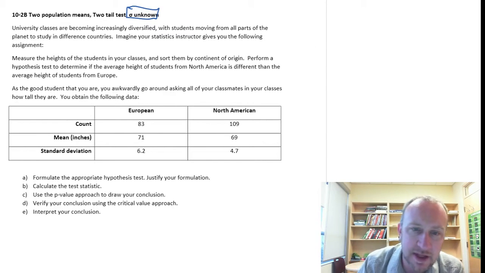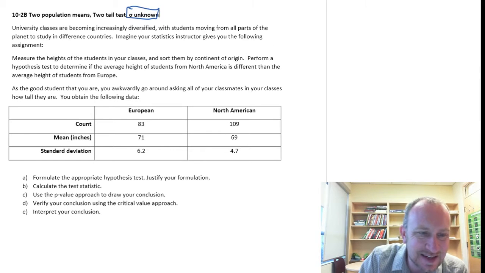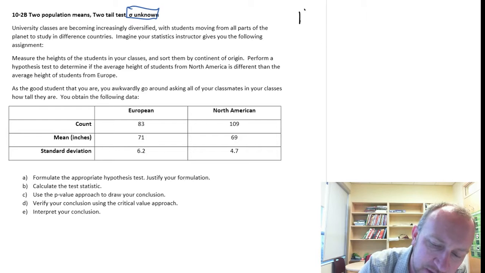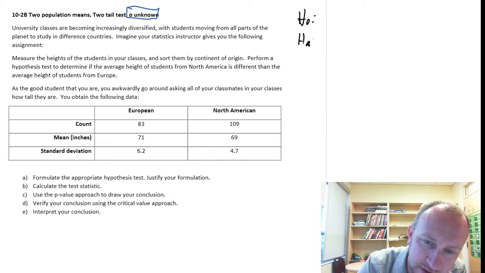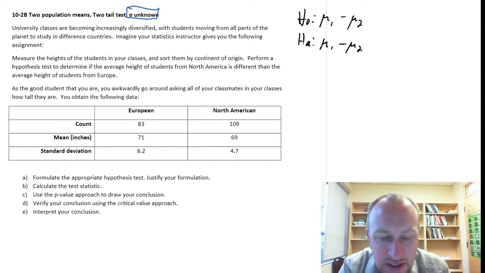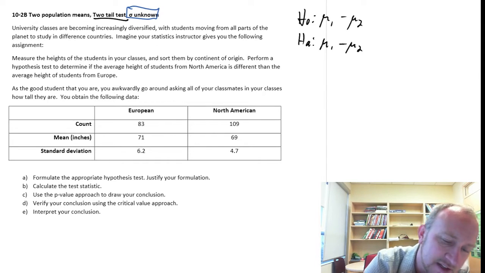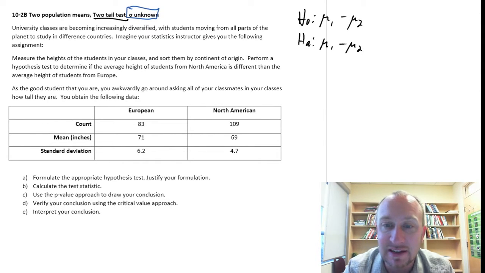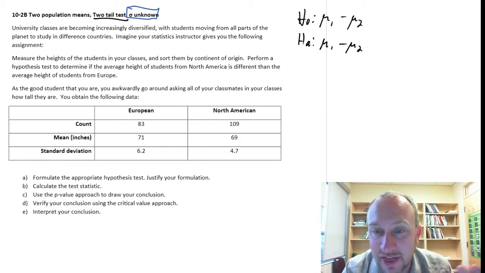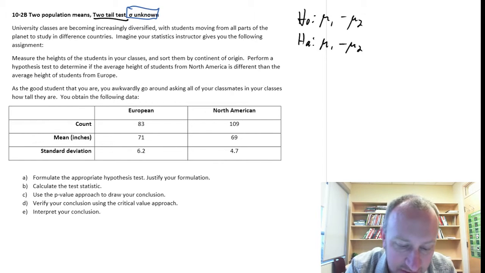Okay, so formulate the test, justify the test. Same general procedure for all of these problems. So the first step, put together the null and the alternative hypotheses. This is a two population case, so mu1, mu2, and it does tell us right here that we're doing a two-tailed test. If that information wasn't there, we would have to look for some clues in the problem to identify, are we doing upper tail, lower tail, or two-tailed test?